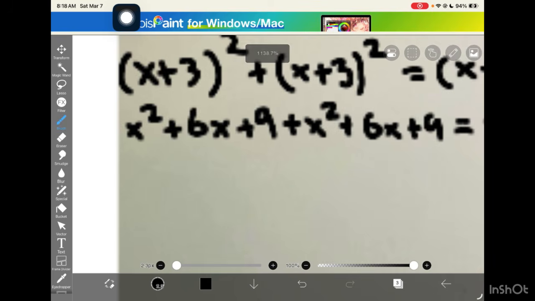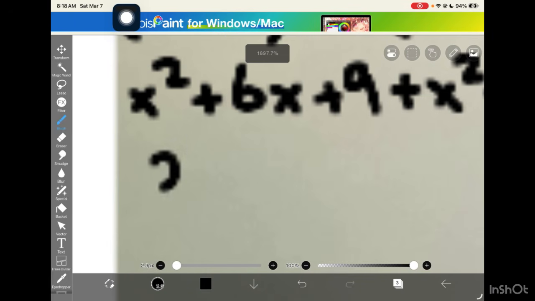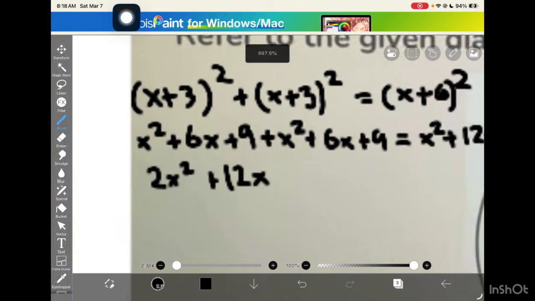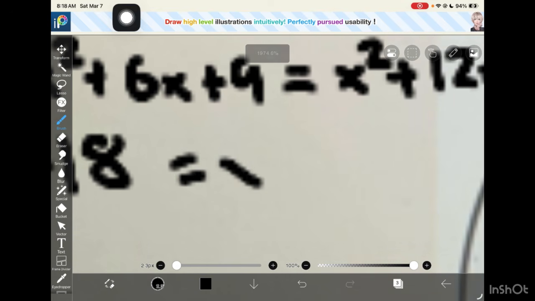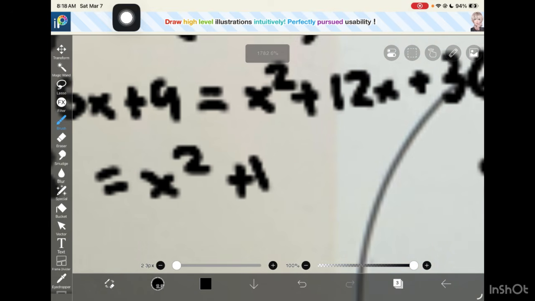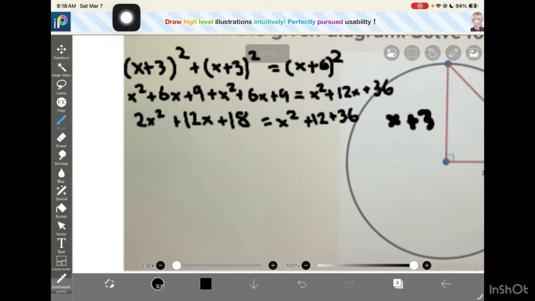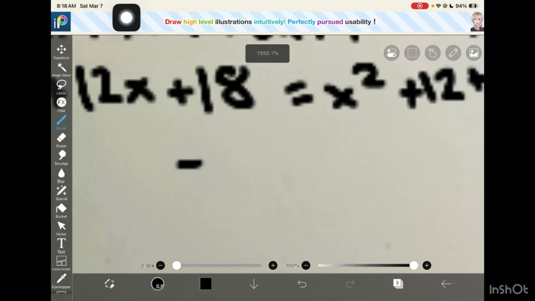If we combine like terms, we get 2x squared plus 12x plus 18 is equal to x squared plus 12x plus 36. We can start transposition. If we transpose 36, it becomes negative, so it becomes negative 18.